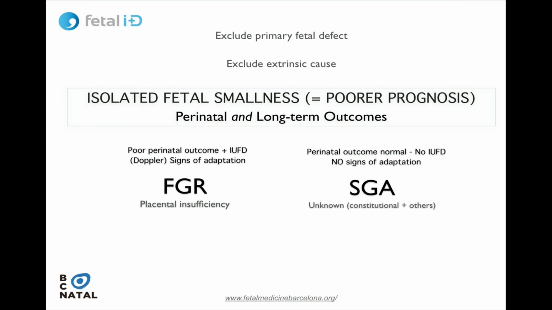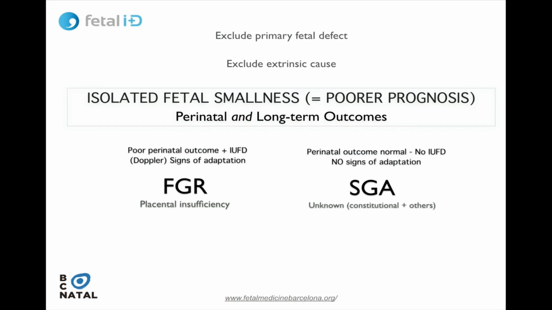We are putting forward a proposal now to change these names, and I hope that in a few years we will change them. But today, we are still using these definitions, which are very confusing. When you are sending a paper to America, they get very nervous when you use SGA because they think this is a pediatric definition. And when you say fetal growth restriction, you say, well, it was small from the beginning.